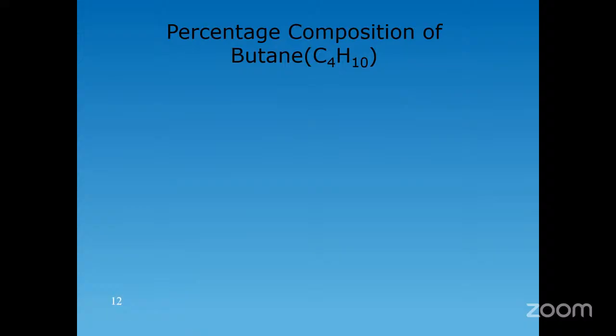Okay, so the first thing you do is find the molar mass of butane, right? So this is the formula. So 4 times 12.01 AMU, or grams per mole, plus 10 times 1.008 grams per mole, all right?